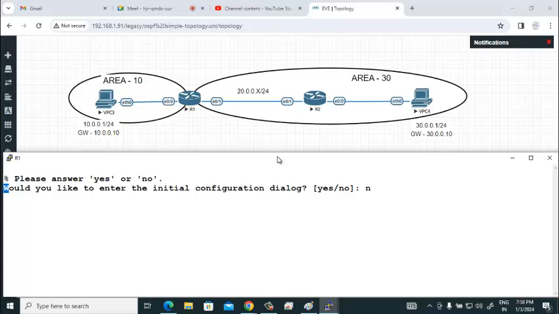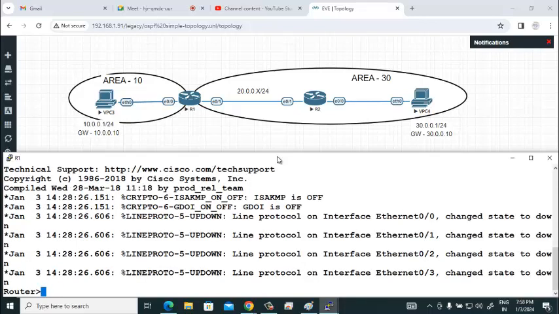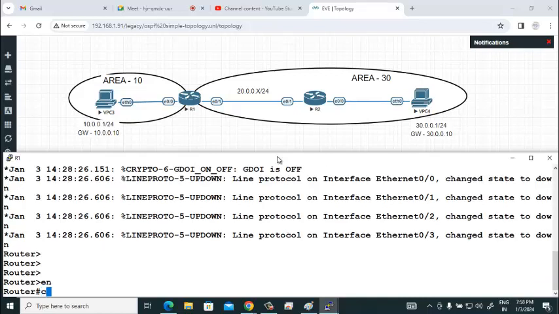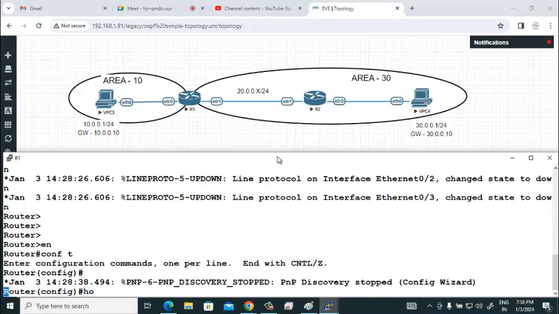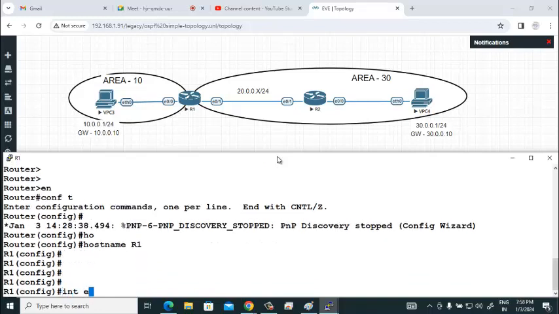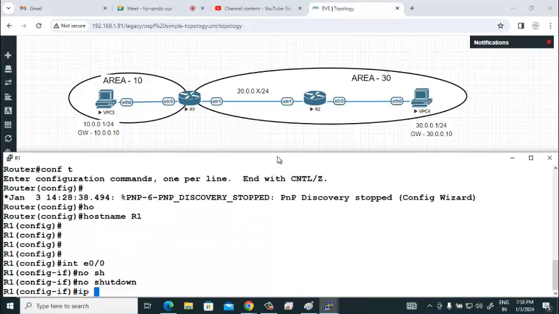Enable, config t, hostname router 1. Interface Ethernet 0/0, IP address 10.0.0.10, oh sorry, 10, you're right, 255.255.255.0.